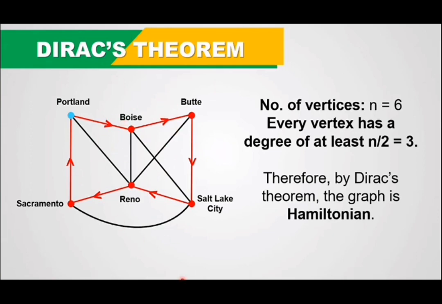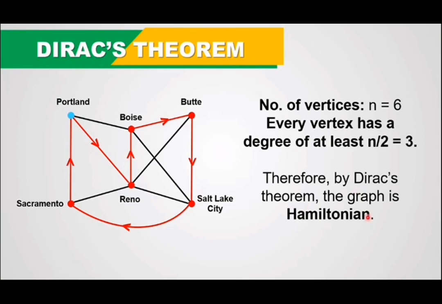We could also have this one. If we start here in Portland and then we go to Reno, to Boise, to Butte, to Salt Lake City, to Sacramento, and then Portland. So this graph is Hamiltonian.